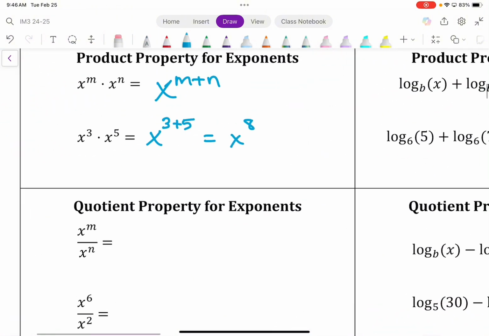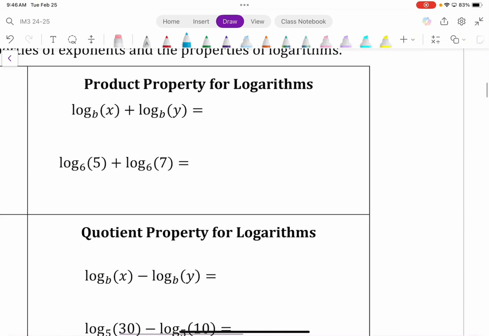Now, because the logarithm is the inverse of an exponent, we're actually going to do a different approach. What's going to happen is if you're adding the same logarithms, then you can multiply the inputs. And this is what I mean. Log base b of x plus log base b of y, since we're adding the logarithms of the same base together, then we can multiply the inputs.